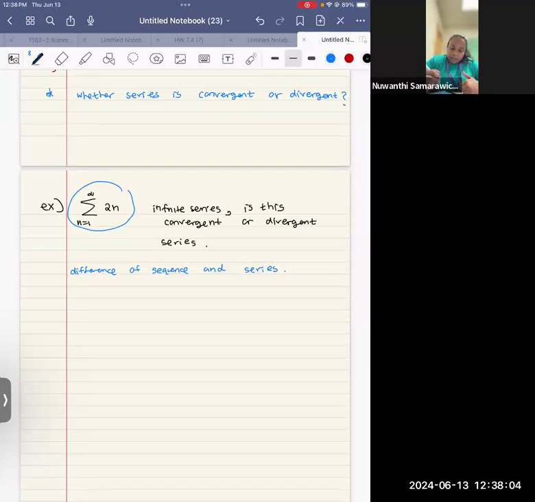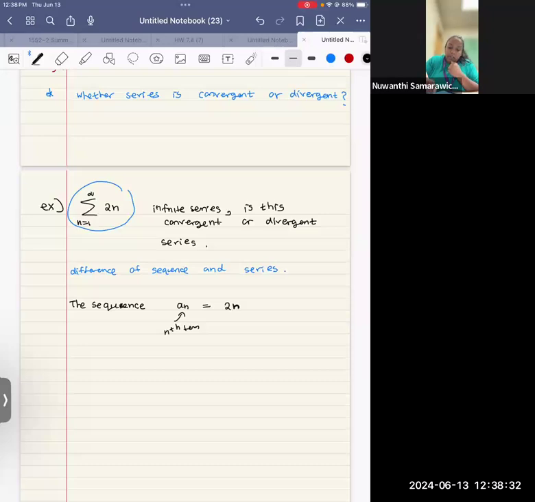When we mention the sequence, we always took the n-th term, right? This is the n-th term. So what is the n-th term of this one? This is 2n.